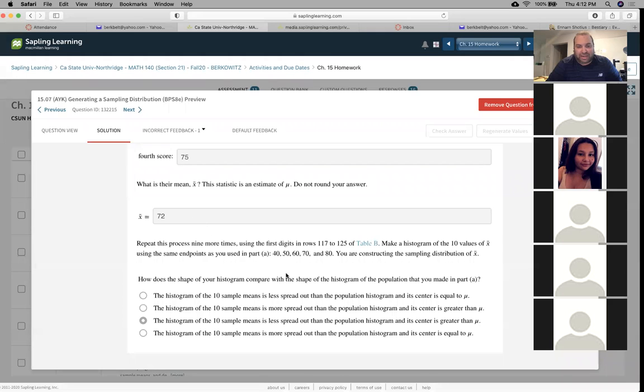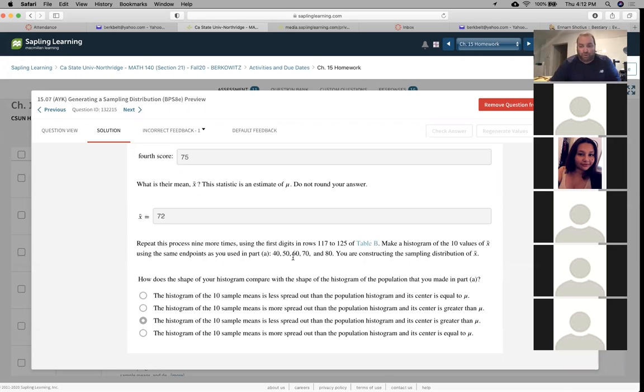And I can't answer this question without actually doing it. But essentially what you want to do is get your 10 X bars from each of those and do the same thing. Make a histogram of your 10 X bars with 40 to 80 or possibly 90 as your endpoints.